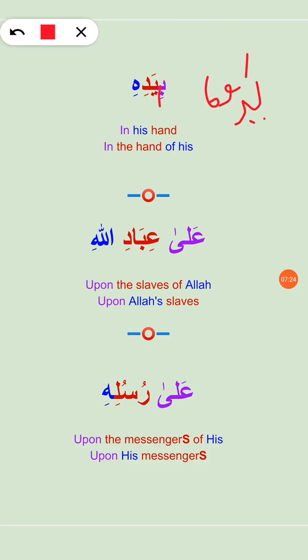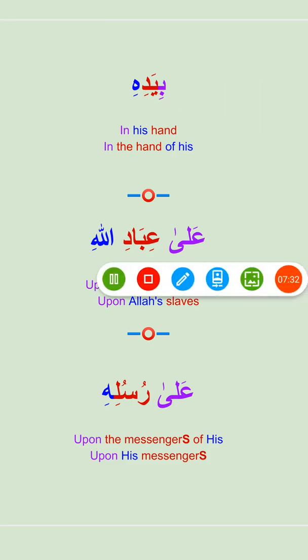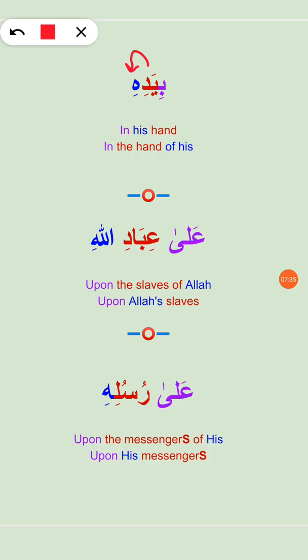Yadi is jar because of b, so it's a jar majroor fragment, and since this yadi is light and without al, and the next ism is your pronoun which is marfa, it is the Muzaaf Ilaih. Why is it Muzaaf Ilaih? Because it is jar. So this is our jar majroor and then Muzaaf Ilaih fragment: in his hand, or in hand of his. Why? Because the pronouns are always marfa. So if your Muzaaf Ilaih is marfa, your Muzaaf also becomes marfa.